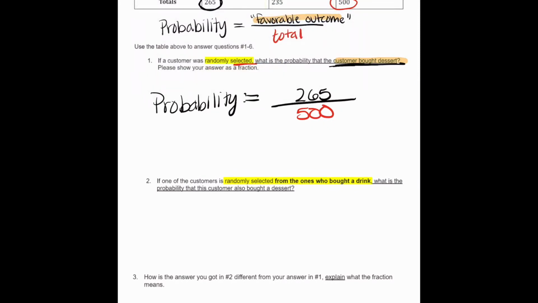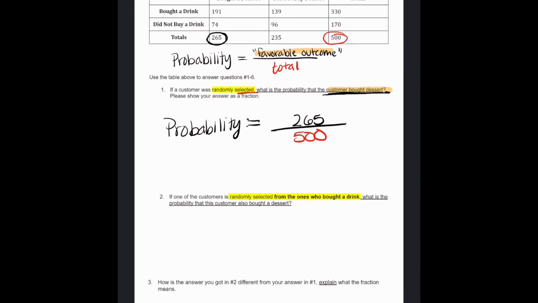I'm going to reduce it first, and then I'll show you how to do it into decimals and percentages as well. Right away, I see that it can be reduced by 5, so I'm just going to divide top and bottom by 5. That's going to give me 100 here, and 265 divided by 5 is 53. I don't think those have anything else in common, so that would be our fraction form.